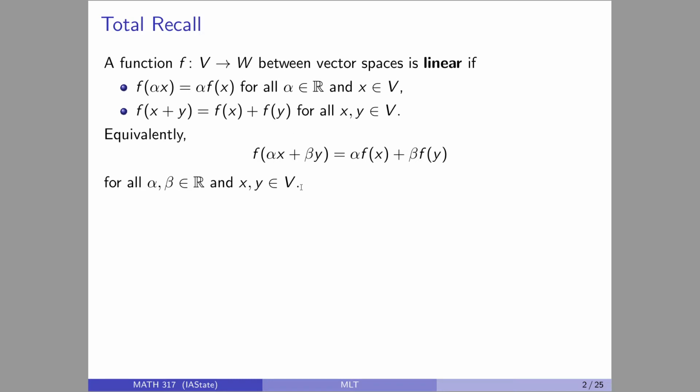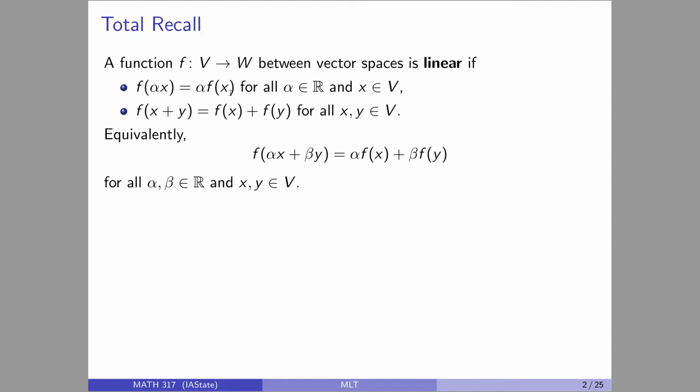And in practice, this is typically how you always prove linearity, is verifying this. Very rarely do you actually need to prove the scaling and the addition separately, because normally if you figure out why they work separately, there's nothing stopping you from doing it all at once. But there are the occasional ones where you've got to do scaling first and then do adding.